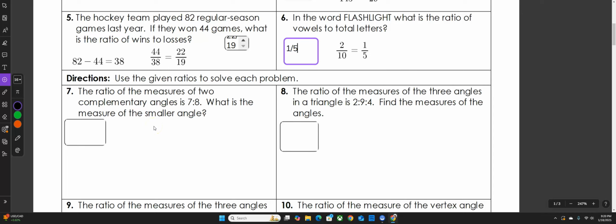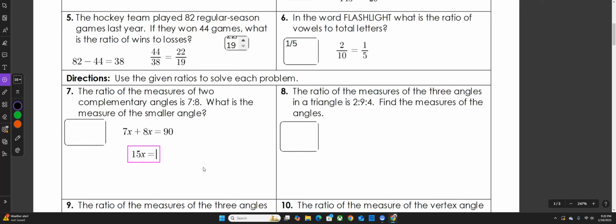We're going to multiply. So our first equation here is going to be that 7 times whatever common number we were able to simplify, our greatest common factor, and then 8 times our greatest common factor. And that's going to equal 90 degrees because remember, complementary angles add up to 90 degrees.